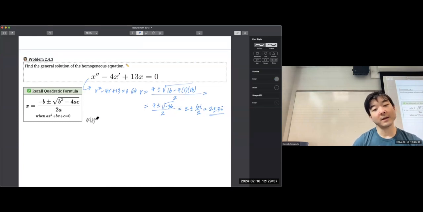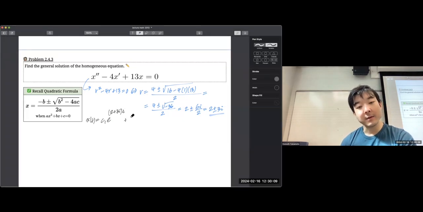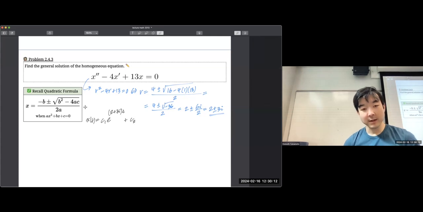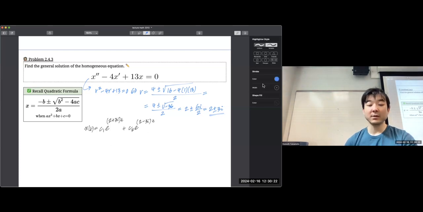So when you write the complex solution, it'll be C1 e to the (2 plus 3i) times t, because you take the first root, plus C2 e to the (2 minus 3i) times t. So that's the complex solution.